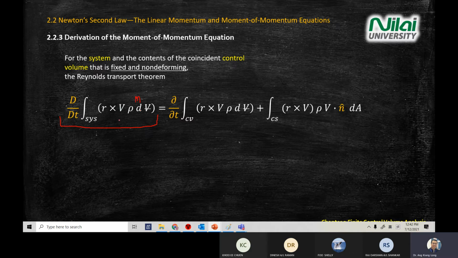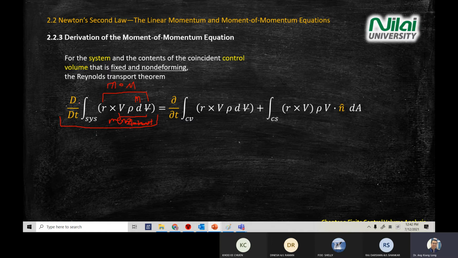Mass times velocity gives you momentum. Sorry, this one is not moment, it's momentum. When you cross r, it gives you MOM, moment of momentum.